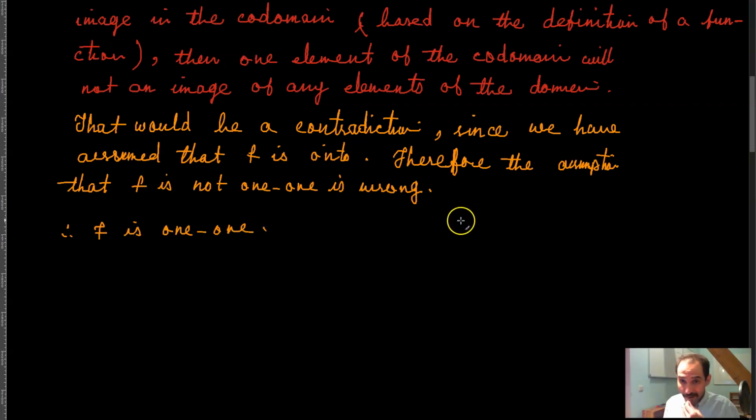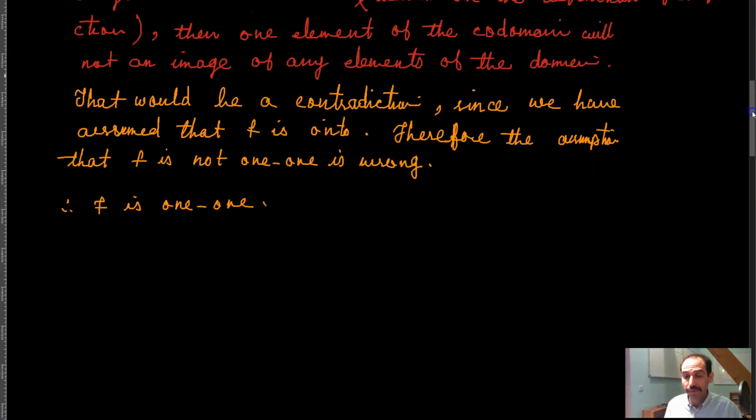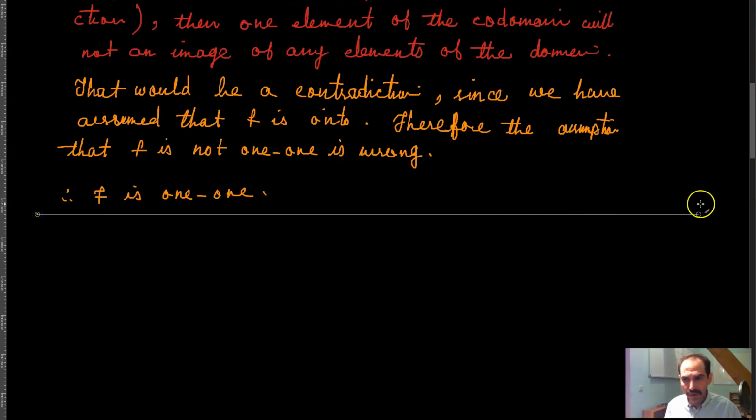So that's basically called proof by contradiction. In many types of situations you can use it in wonderful ways, really.